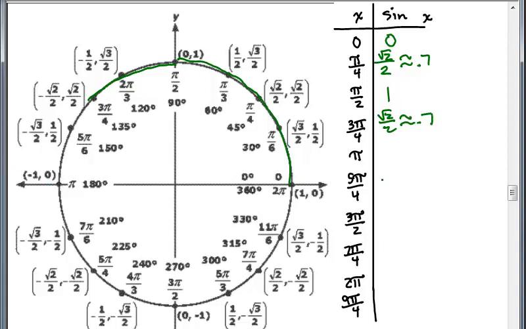At pi, the y value is 0. 5 pi over 4, the y value is negative square root of 2 over 2, so it's approximately negative 0.7. At 3 pi over 2 down here, the y coordinate of that ordered pair is negative 1. And at 7 pi over 4, we've got negative square root of 2 over 2, approximately negative 0.7. And at 2 pi, we're at 0 again.